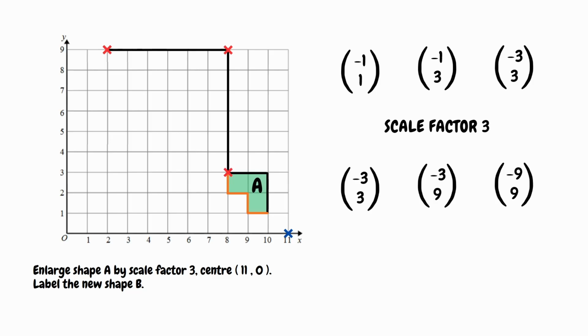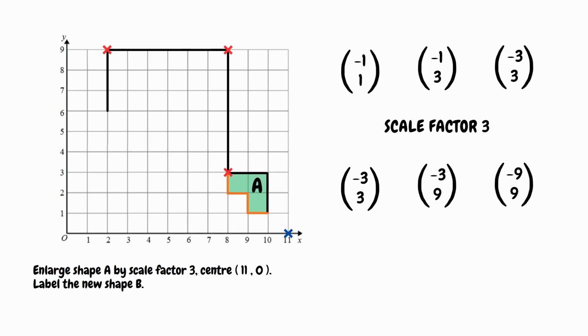So starting with the top left corner in our newly enlarged shape, in the original shape we're moving down by 1. So that means in our new shape, if we apply the scale factor, we times by 3. Well, 1 multiplied by 3 is 3, so we'd be moving down by 3.